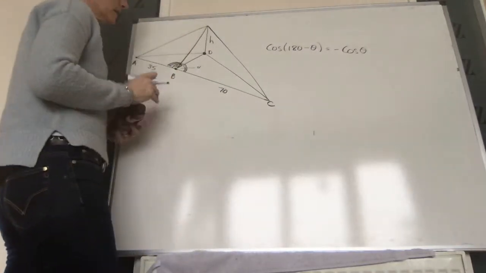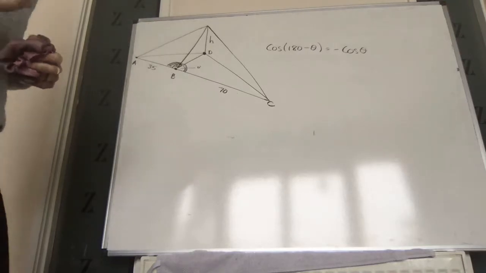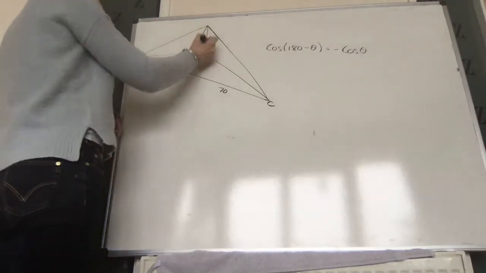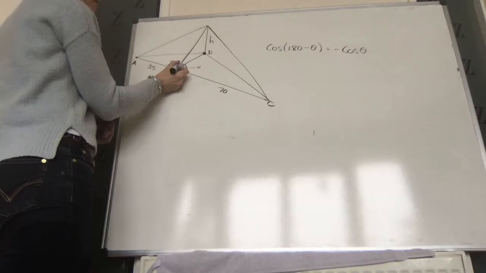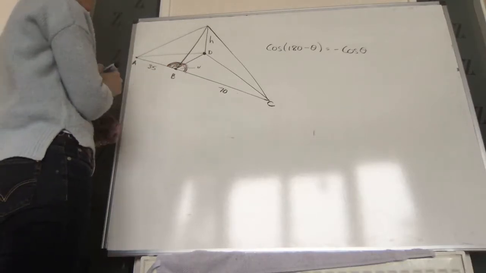Now, the next part of the question says, hence or otherwise find h. Okay, so we have h here. They've just asked us to find this angle, and they've asked us to find this angle.